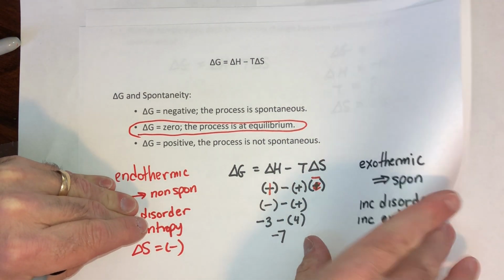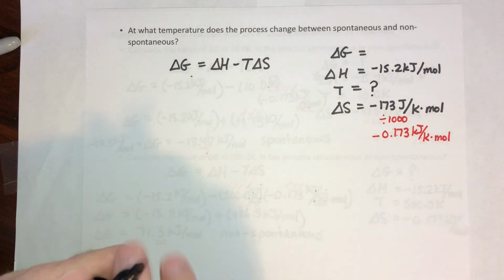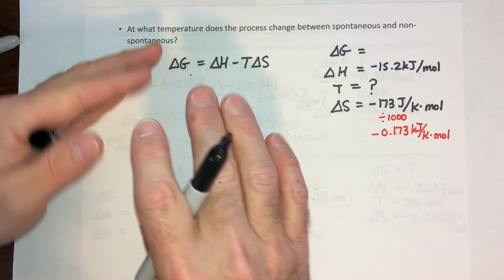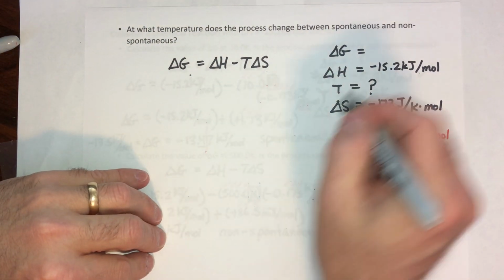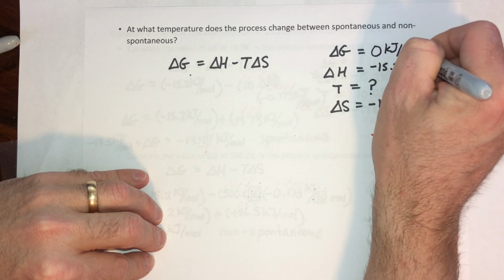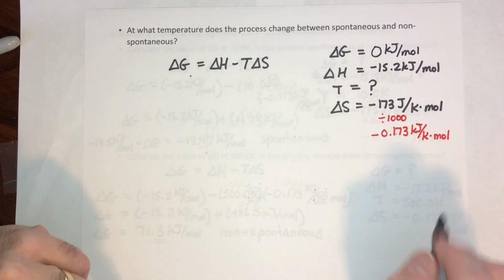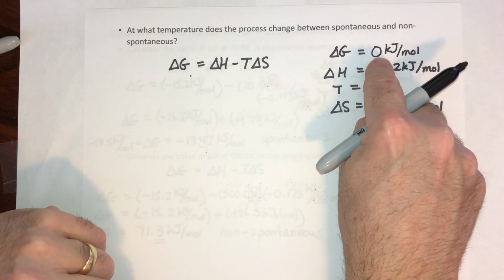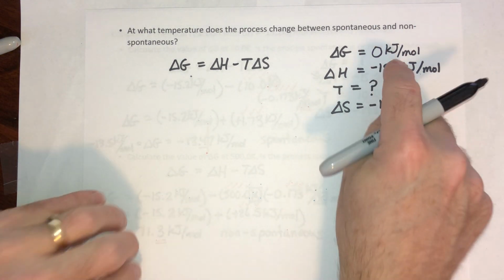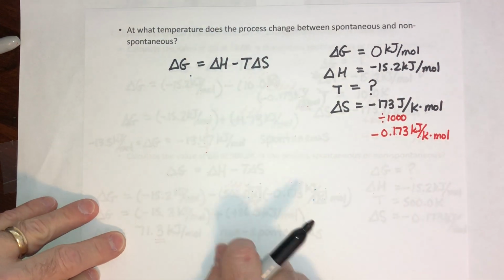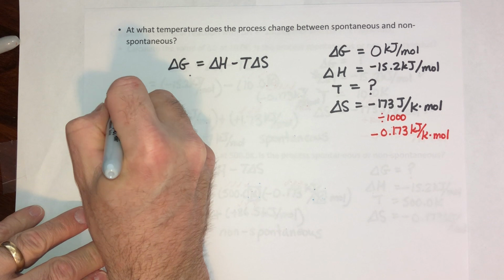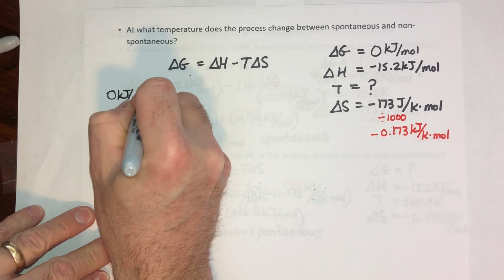So for this problem here, even though it doesn't tell you what the delta G is, when the problem talks about the transition between spontaneous and not, this is a 0 kilojoules per mole. Okay, it's a little tricky. You've got to be able to remember that and add it to the problem without being told. But once you know that, now it's just throw the numbers in and solve it. Right, my delta G is 0 kilojoules per mole.